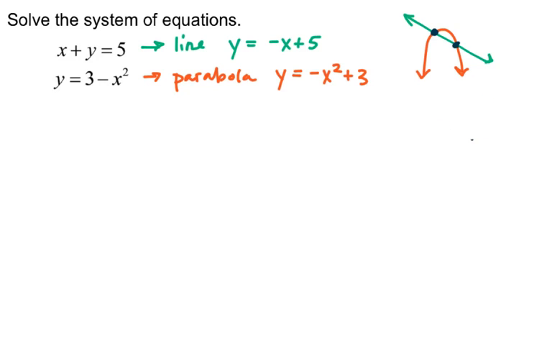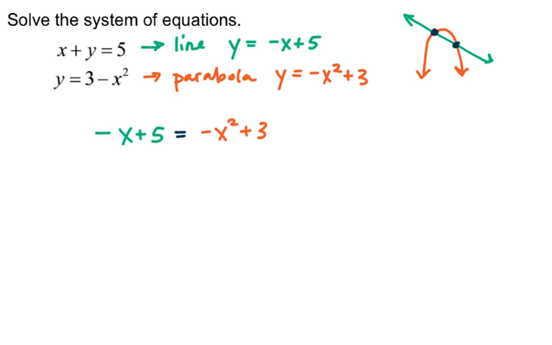It's just that we can have a maximum of 2 real, which means we are going to find 2 answers. What I'm going to do in this situation, since these are both equal to y, is I'm going to let the right side of each equation be equal to each other. Negative x plus 5 is equal to negative x squared plus 3.